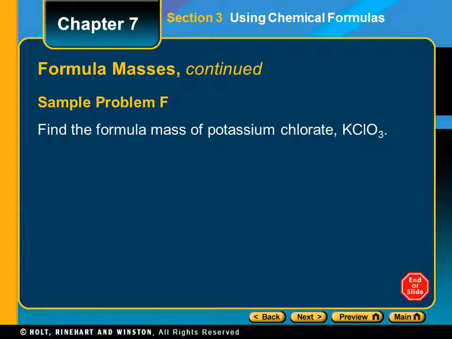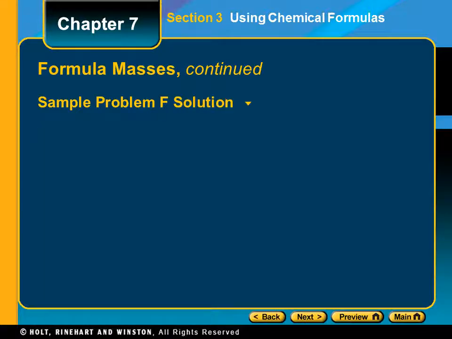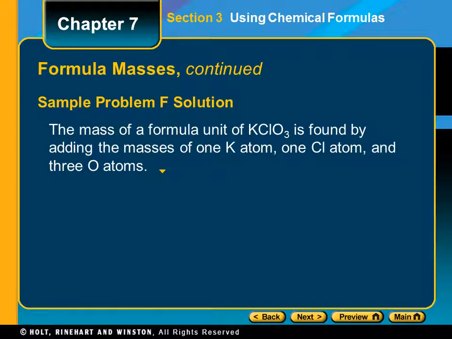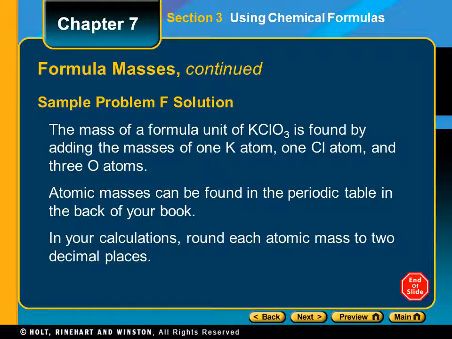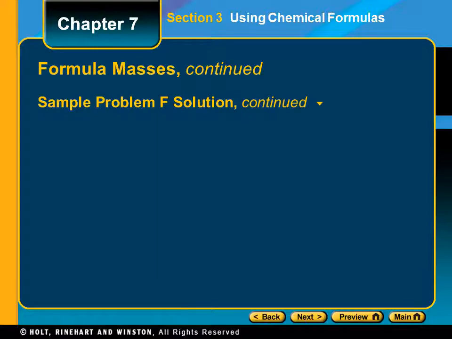So, look here. Formula mass of potassium chlorate, KClO3, is found by adding the masses of 1 potassium atom, 1 chlorine atom, and 3 oxygen atoms. Atomic masses can be found in the periodic table in the back of your book. In your calculations, round each atomic mass to 2 decimal places.